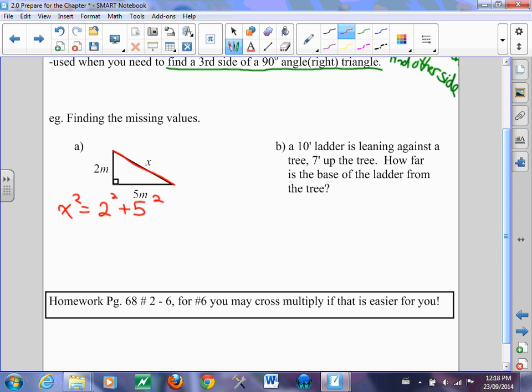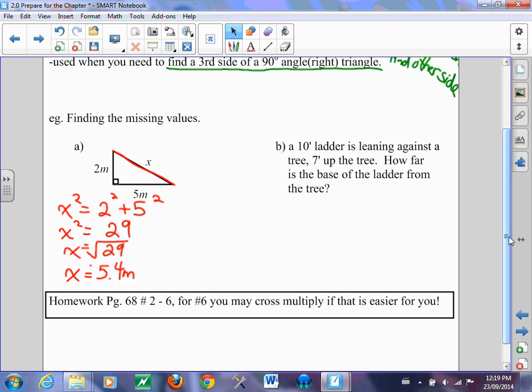You can sub it in right away. Take your calculator, ladies and gentlemen, and plug in what 2 squared is plus 5 squared. Put it all together. So add them together, and you should get 29. And then don't forget, folks, in order to get x by itself, you got to take the square root. Okay, so plug in your calculator. We'll round to 1 decimal place. For lengths, 5.4 meters. Okay.